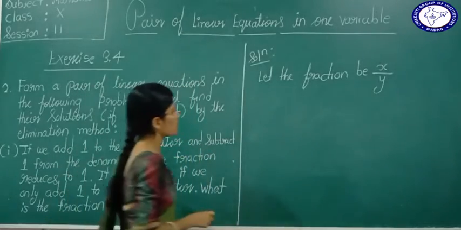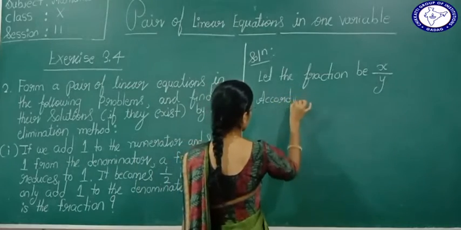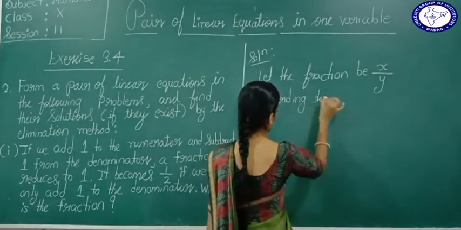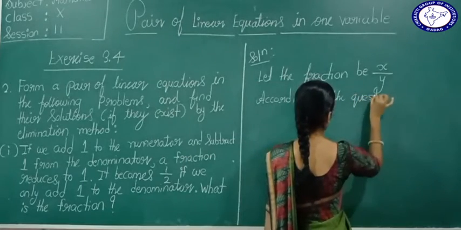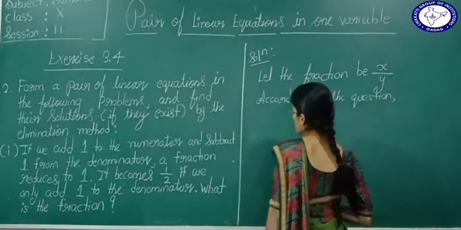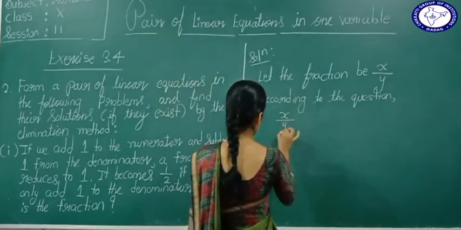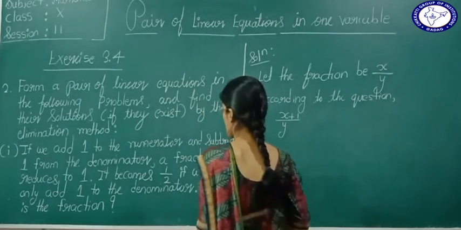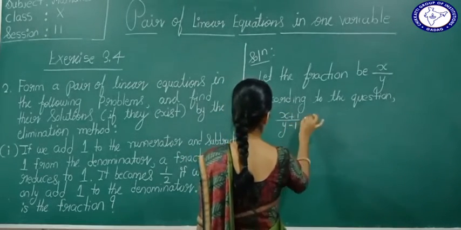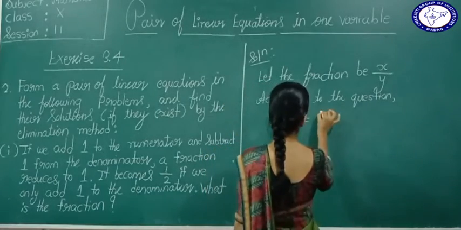According to the question, what they have given: if we add 1 to the numerator and subtract 1 from the denominator, this fraction is going to reduce to 1.